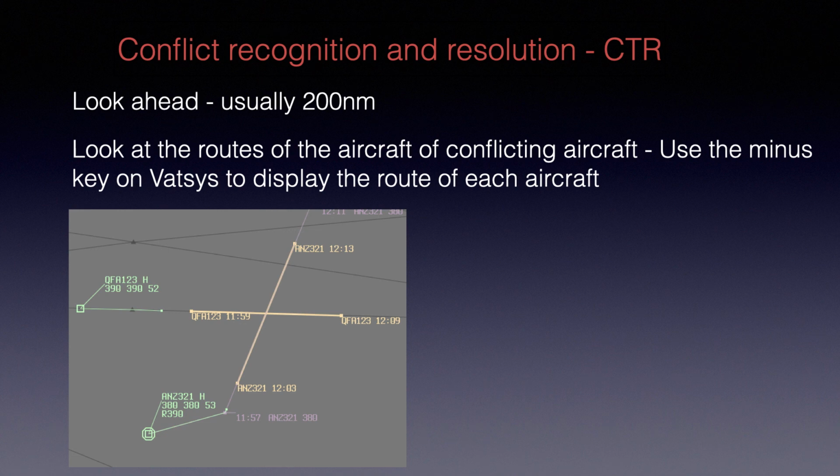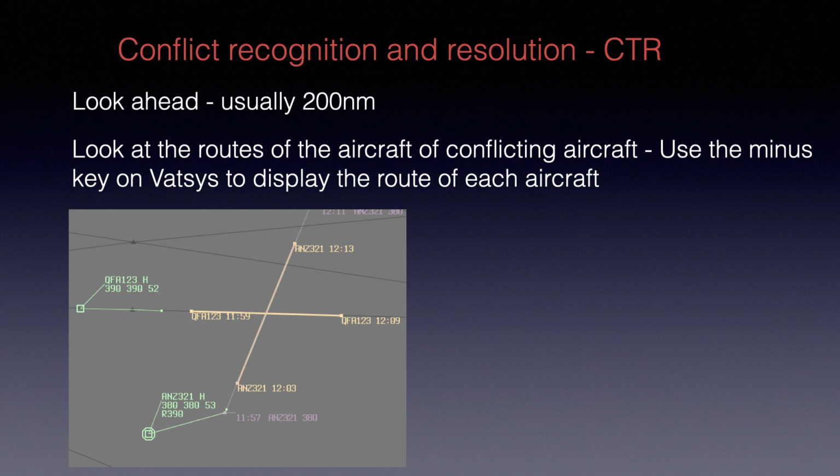For the Air New Zealand, the conflict will be at time 03, and the conflict will end, if you look at the end of that tan line, at 1213. Okay, so that's something you've got to be aware of.